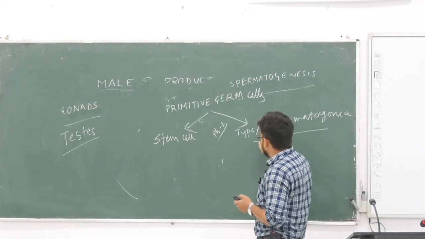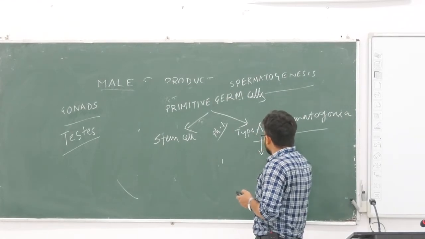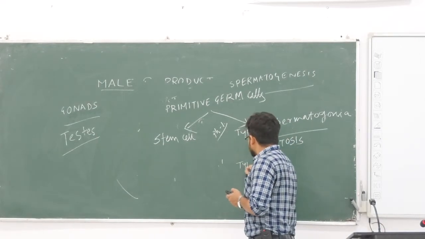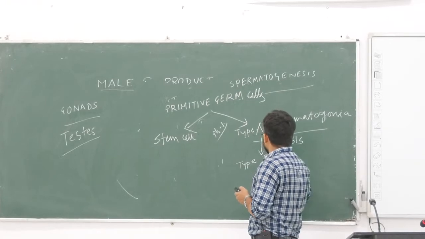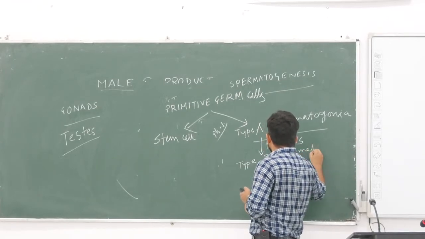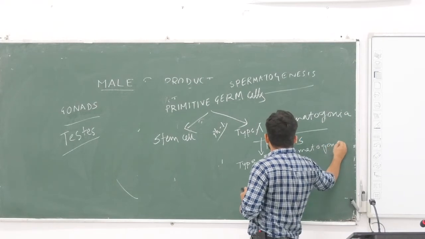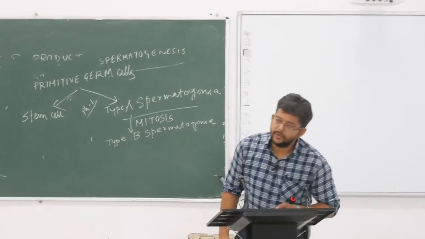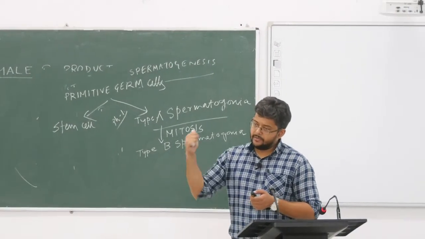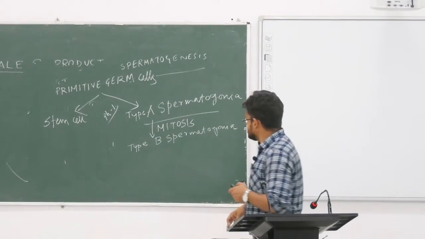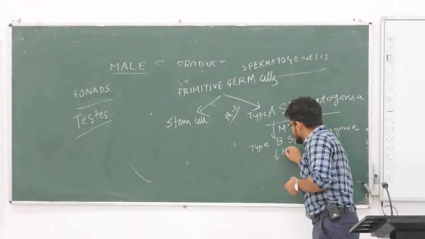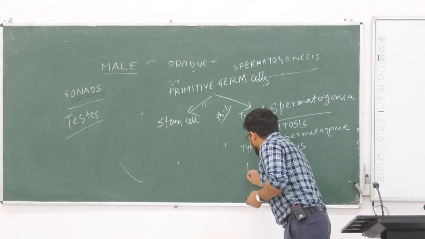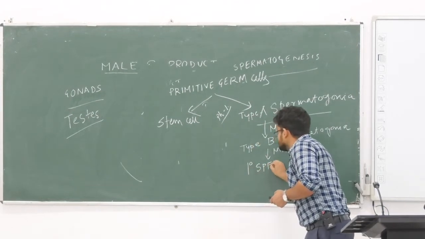Type A spermatogonia is undergoing mitosis and it is forming type B spermatogonia. এরপরের স্টেপে again another mitosis is happening, and it is forming primary spermatocyte.